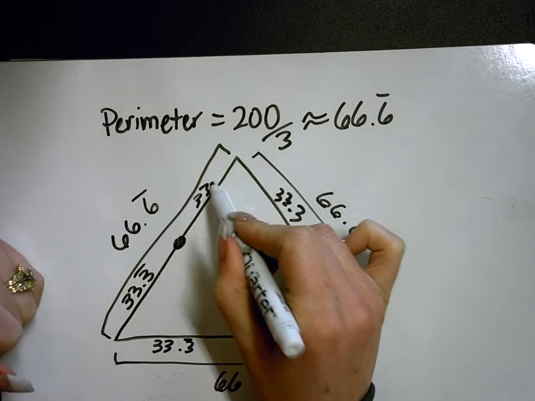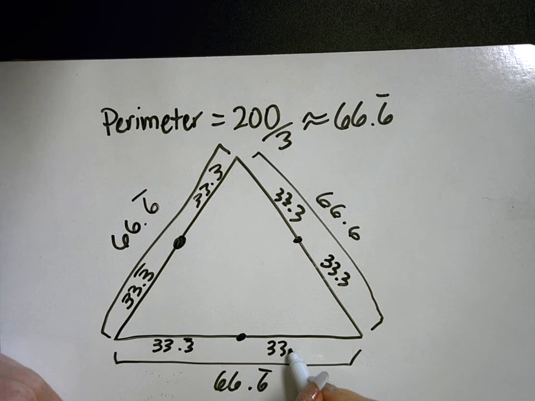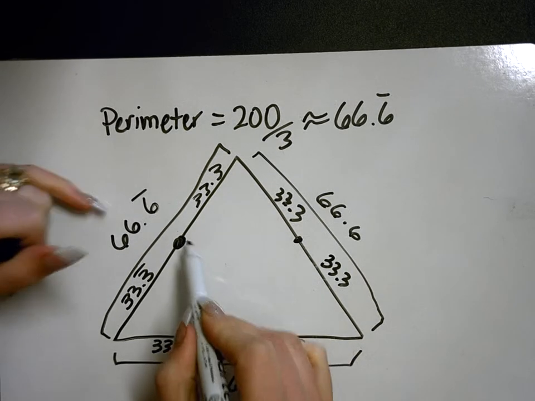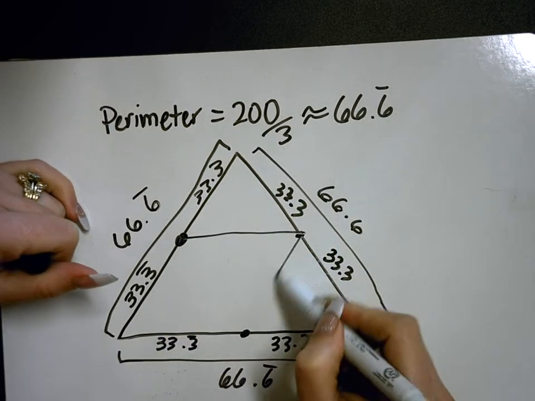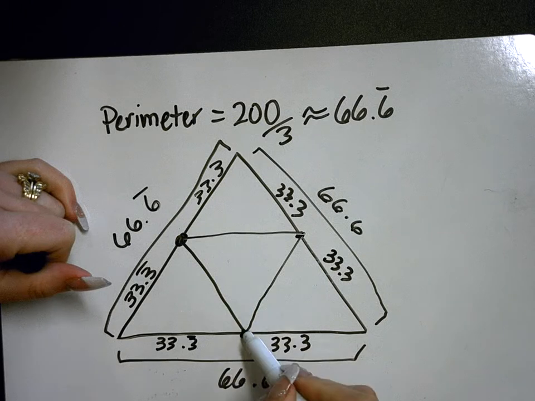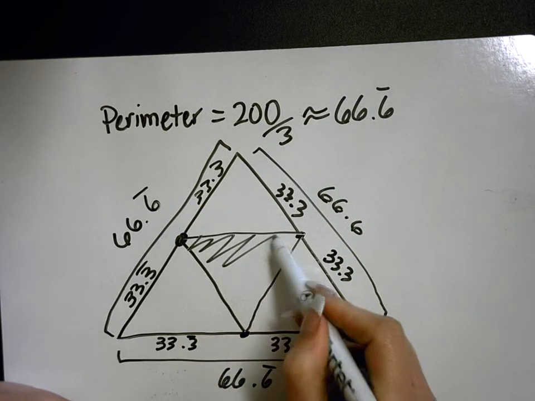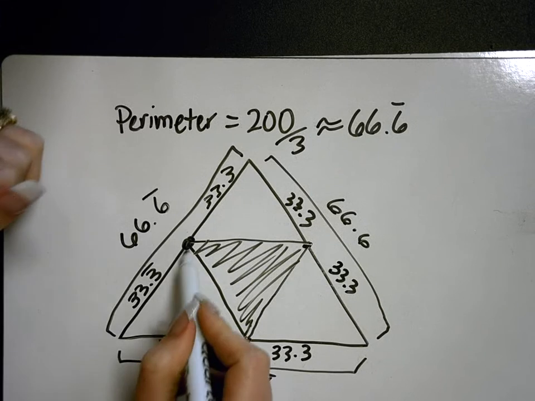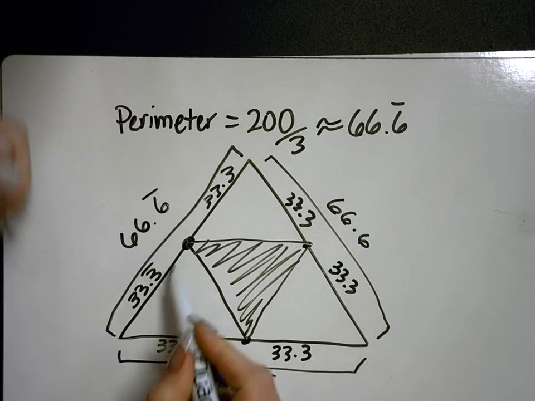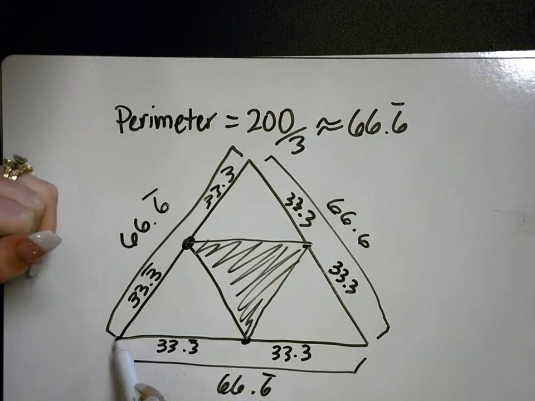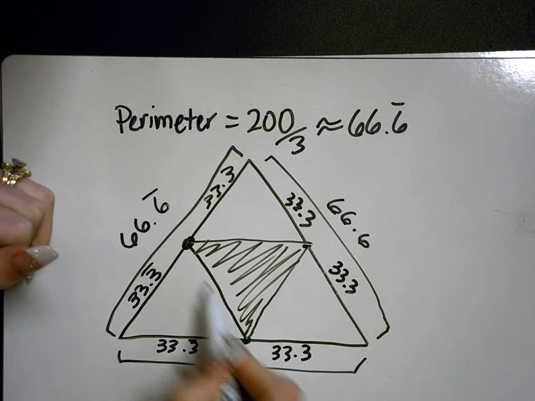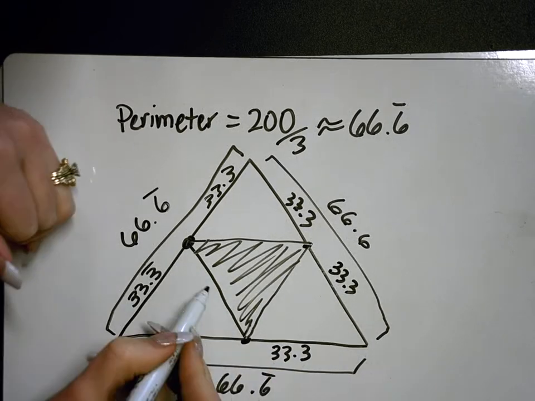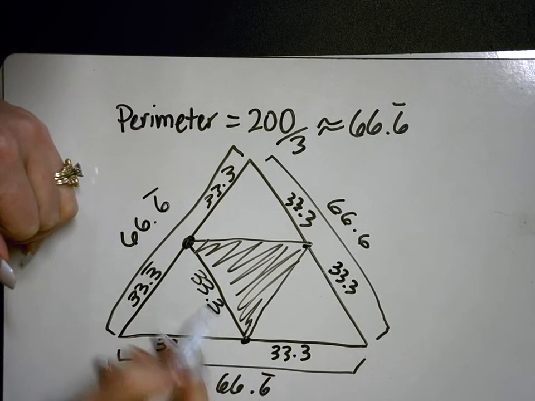Then we connect the midpoints, and we take out this one. So now what we need to do is find the perimeter of each one of these triangles. Well, this side is 33.3, this side is 33.3, and this side as well is 33.3.